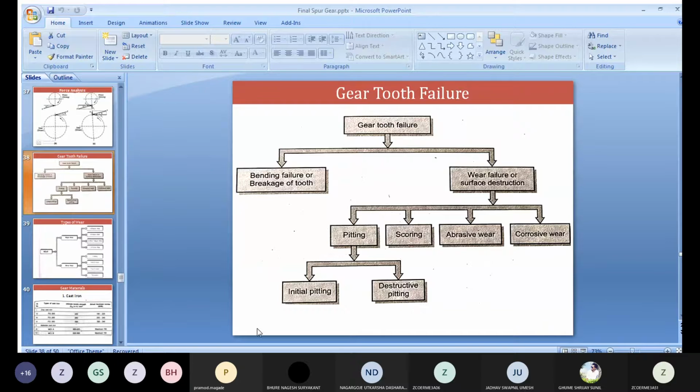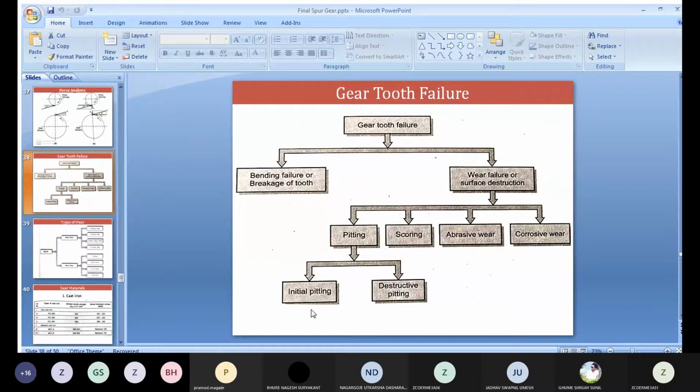Again, pitting failure can be divided into two parts: one is initial pitting, the second is destructive pitting. Now, what is initial pitting? Initial pitting means a small amount of crack or porosity forms on the surface of the teeth that can be adjusted by welding, or we can remove that crack by adding material, correct?